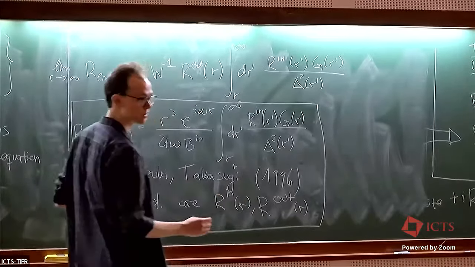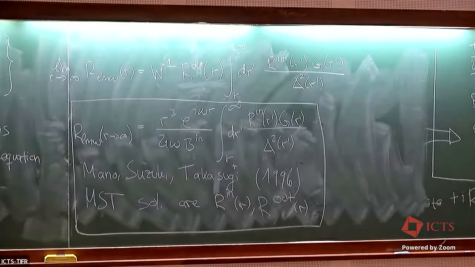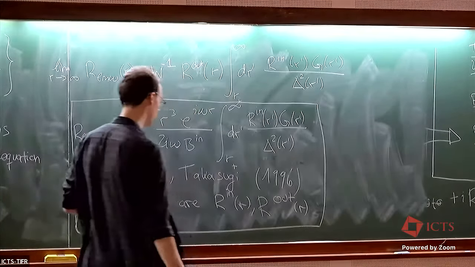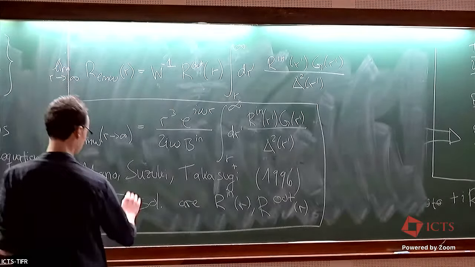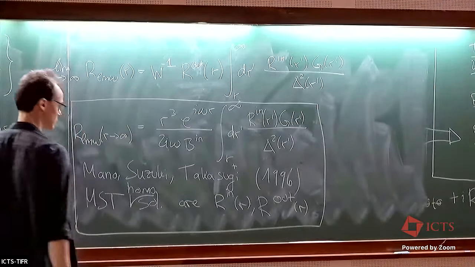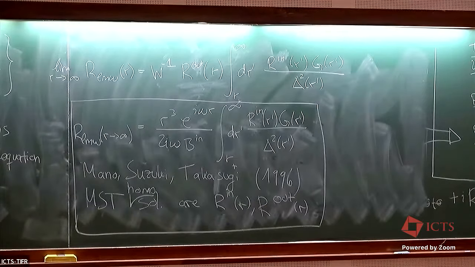But the "in" just comes from the fact that it satisfies ingoing boundary conditions. Yeah, then the terminology is perhaps somewhat confusing. But both R in and R out are homogeneous solutions.